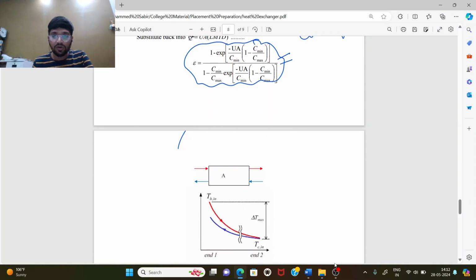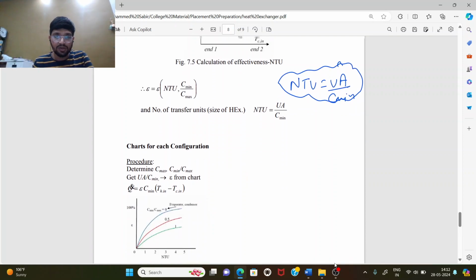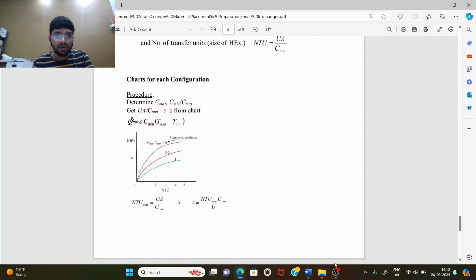Now what is the NTU? NTU is U A upon C minimum. The procedure is: find C minimum upon C maximum, and U A upon C minimum.